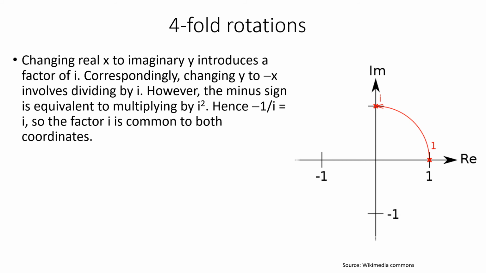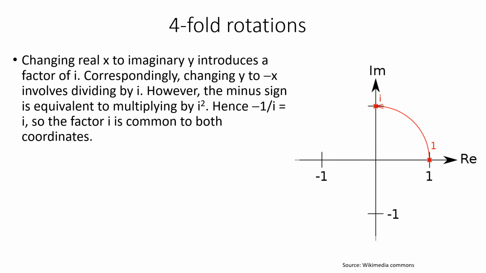But of course, when you move x onto the y position in this complex plane picture, it becomes imaginary, so you'd effectively be multiplying by i. And by the same token, if you rotate y to minus x, you're taking it from the imaginary to the real axis, so you're effectively dividing by i. This is quite interesting because when y goes into minus x, there's that minus 1 factor, and minus 1 is also equal to i squared.